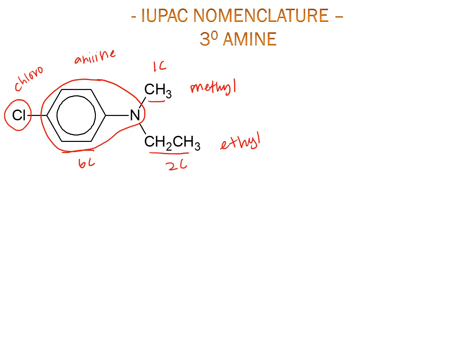Numbering the carbons in the benzene ring, the carbon directly bonded to the amino group is carbon number 1. So the position of chloro is carbon number 4. Then you arrange the substituents in alphabetical order. So the name of the amine is 4-chloro, N-ethyl, N-methyl aniline, which is a tertiary aromatic amine.